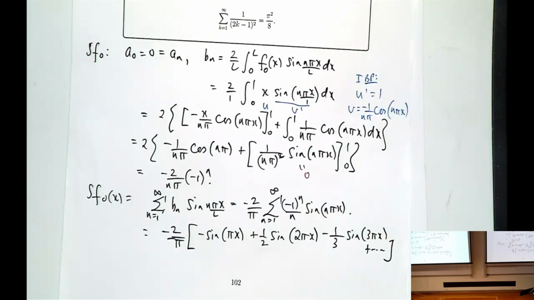Questions? In the third line from the bottom, how come you've rewritten cos n pi as -1 to the power of n? Could you just explain that? Yeah, sometimes it's just easier to write it with a sort of a power or an exponent, right?